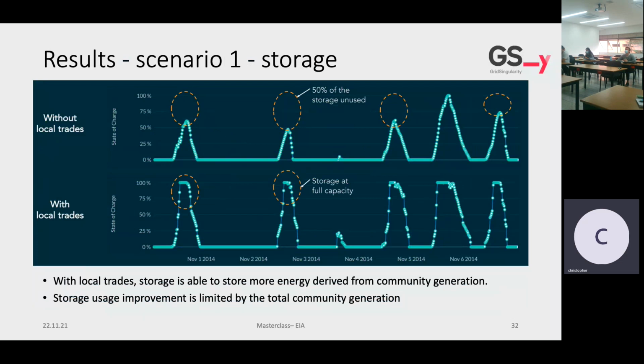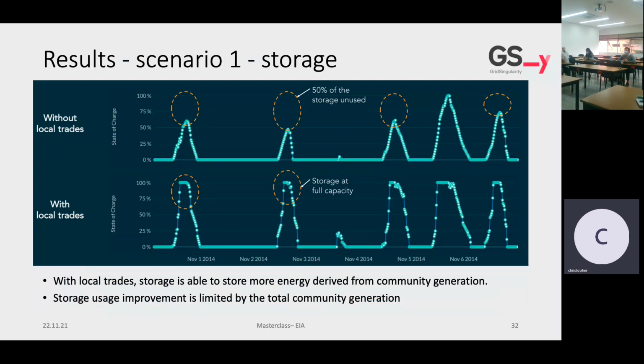One interesting thing that we discovered by looking at the storage behavior, the charging and discharging of the battery of one of the homes, is that when no local trades are enabled, the storage is limited to the house generation. I forgot which house it was, but in that case, the battery was not able to charge fully during the week.